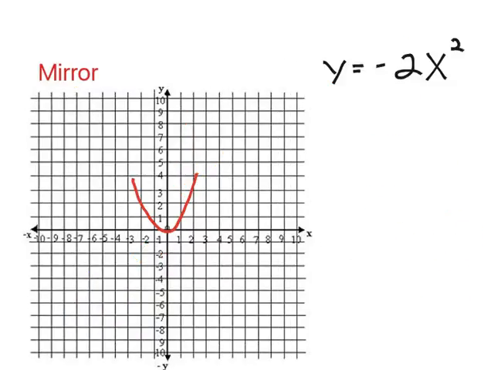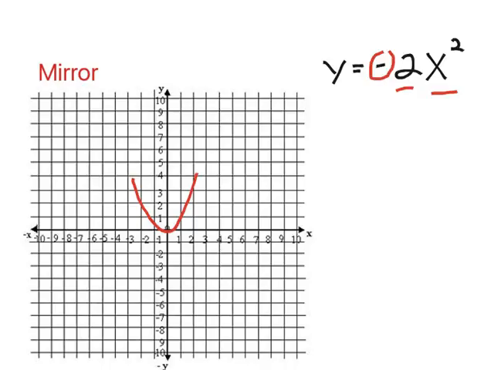In this case, again, we have a 2 multiplying x squared, but we have a minus before the 2. What will we do first? Well, we'll apply the compress. Again, we'll multiply all the y's times 2.